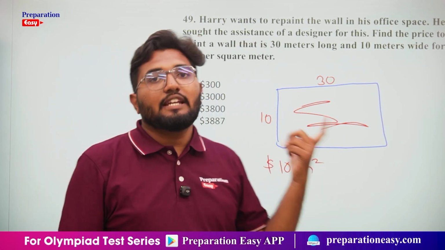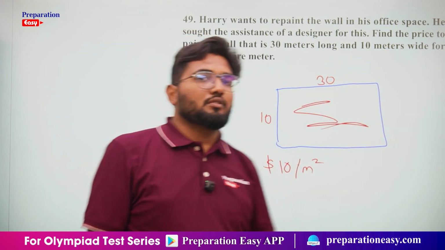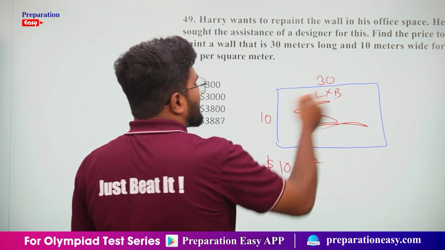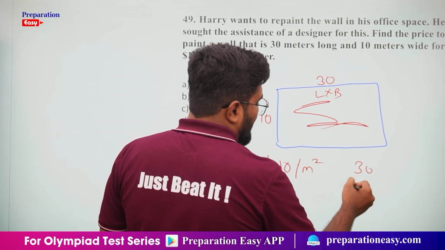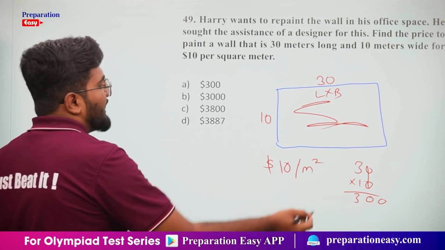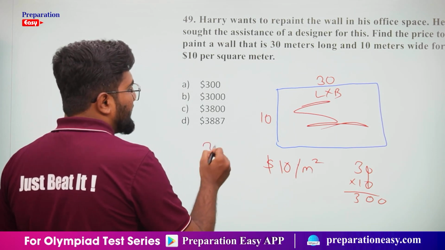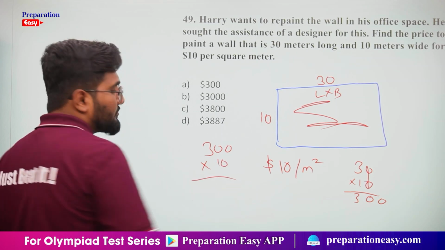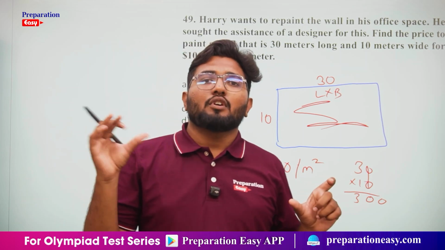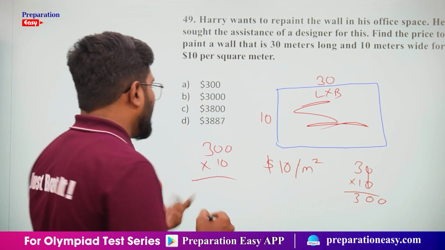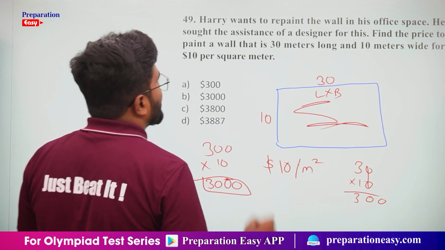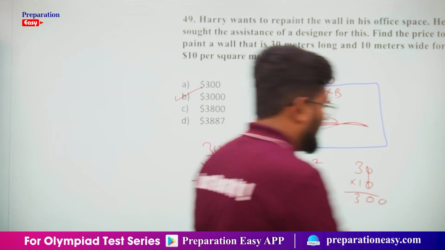So we first calculate the area, then the cost. Length into breadth is 30 multiplied by 10, which is 300. Then 300 multiplied by 10, because the cost of 1 square meter is $10. So the cost is 3000. Our correct answer is 3000.